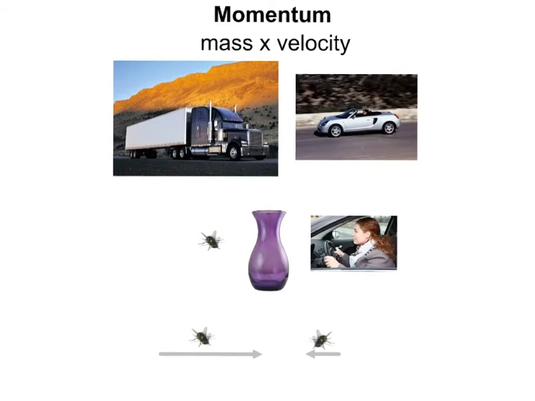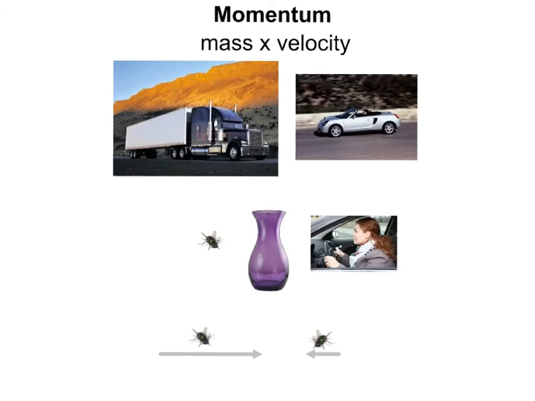Similarly, if you have someone driving a car and let's say a little insect traveling at the exact same speed, let's say both of them are going the same velocity in the same direction, aiming right at this vase. I have them opposite directions here, but let's say they're going the same direction. They're both straight on target to the vase at 30 miles per hour.